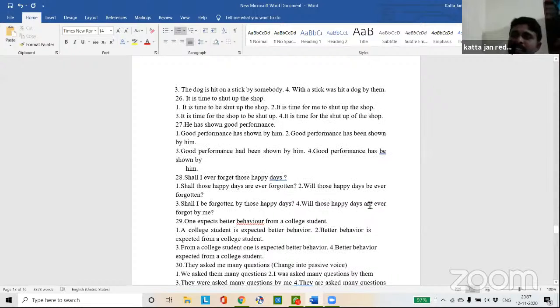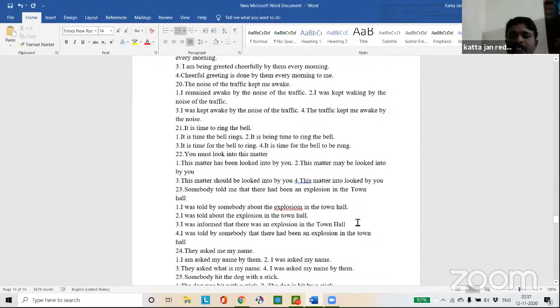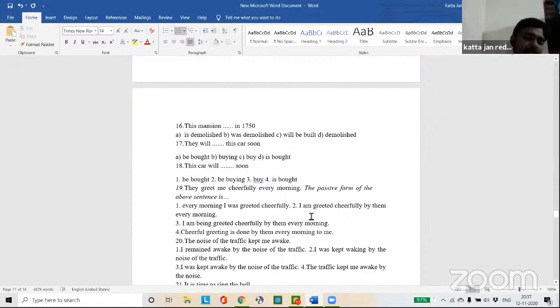We will practice them. After that we go for degrees of comparison. After that direct indirect speech. After that simple, compound, complex. After that clause, phrase and gerund.